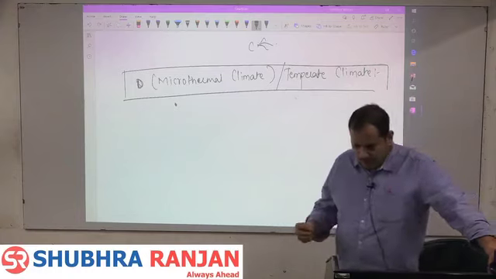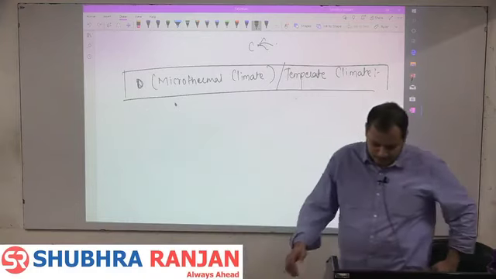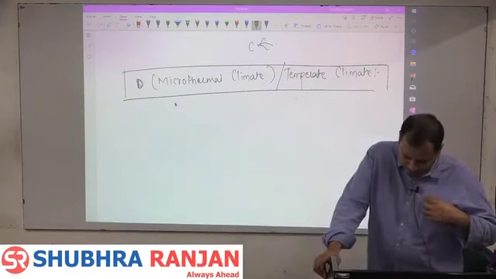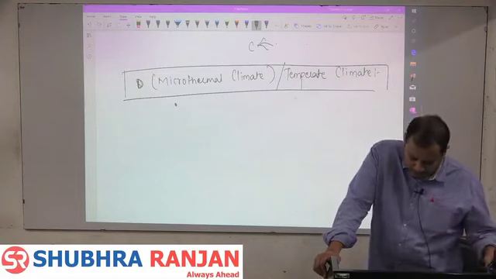The poleward and the equatorward boundaries are determined by the 10 degrees Celsius isotherm.